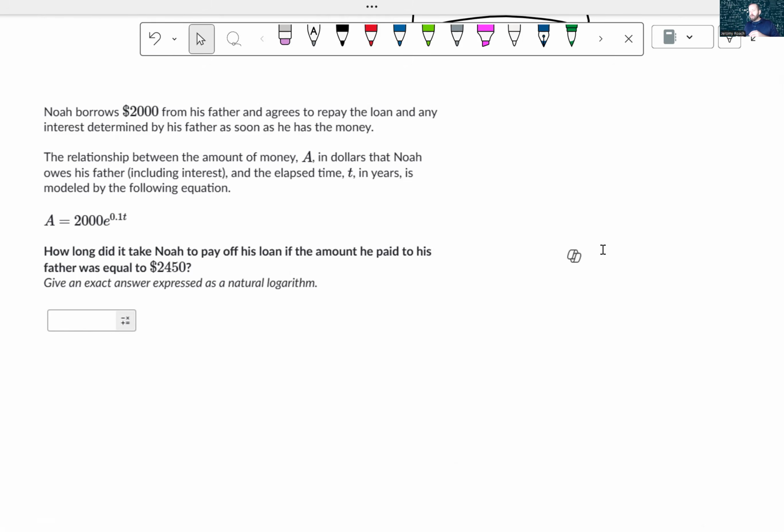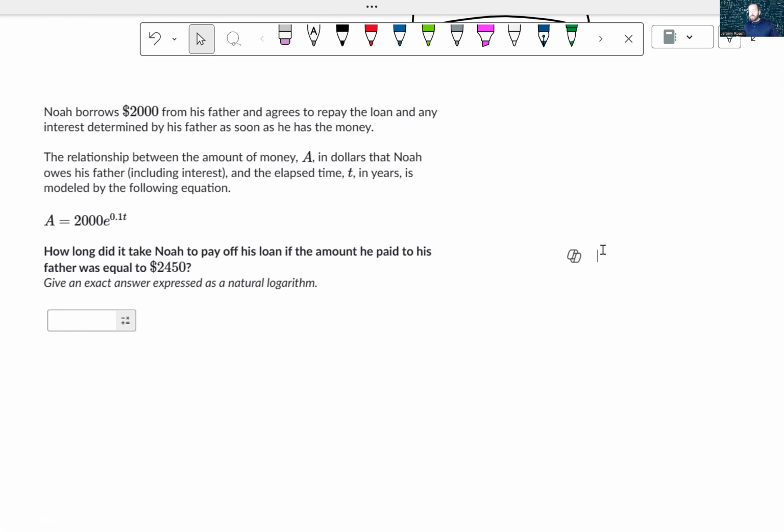And this gives us an equation. So it gives us the equation for the total amount that Noah is going to pay back his father, which includes the 2,000 that he borrowed plus any interest that he had to pay extra to his father for the time that it took him to pay it back.